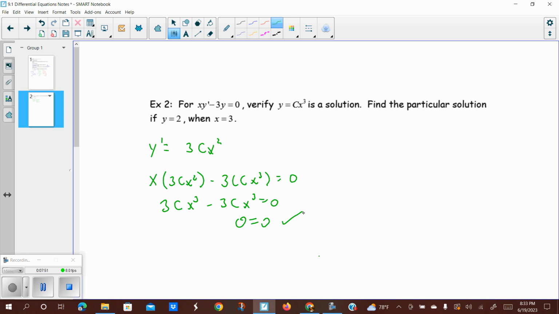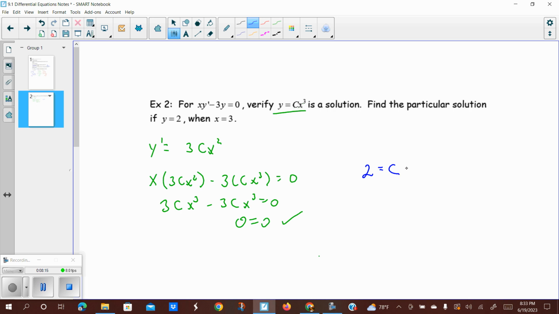The second part says we want to actually find the particular solution if y equals 2 and x equals 3. Well, in order to do that, given the fact that we actually know that this is a solution now, we just have to simply plug in y equals 2 and x equals 3 into our y equals cx cubed. And we'll get our particular solution. So if we plug in 2 for y, c is what we're looking for.